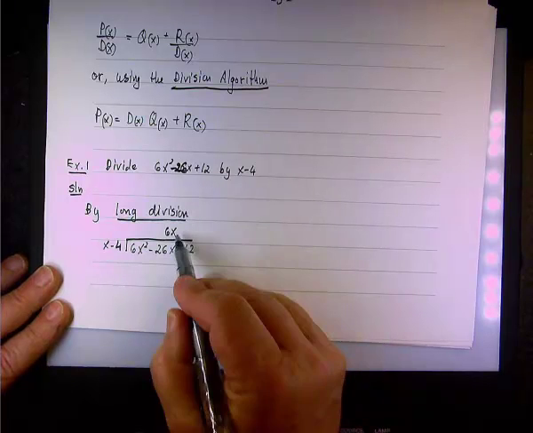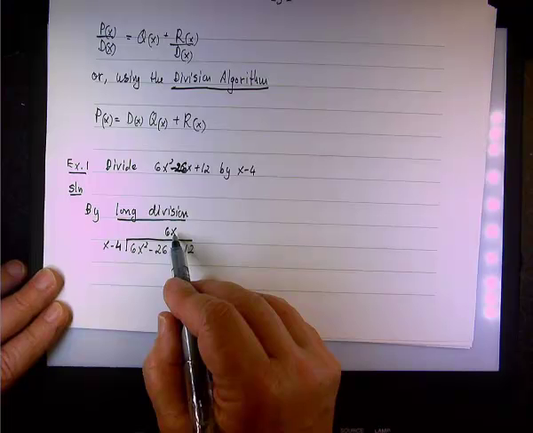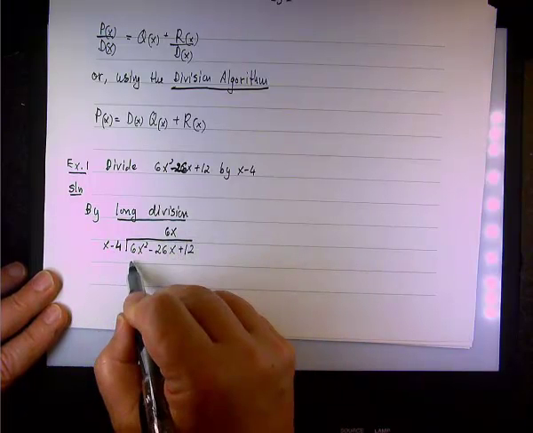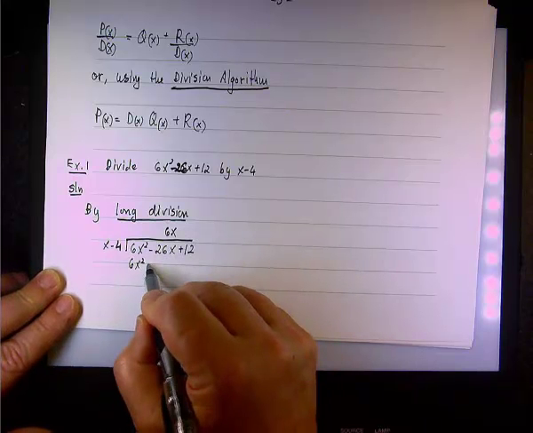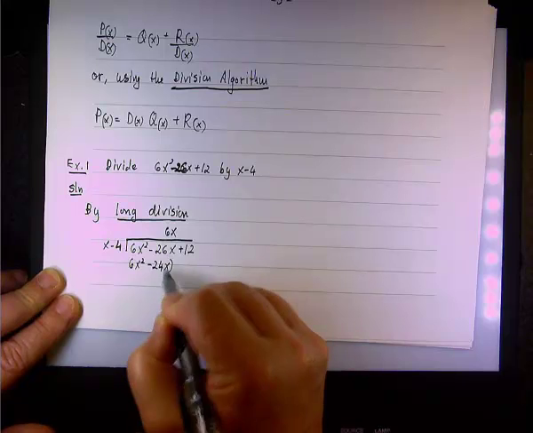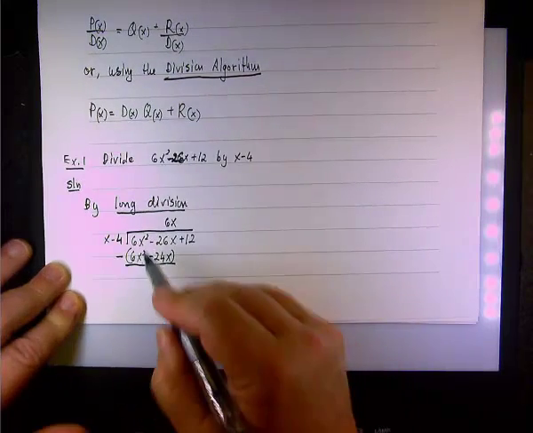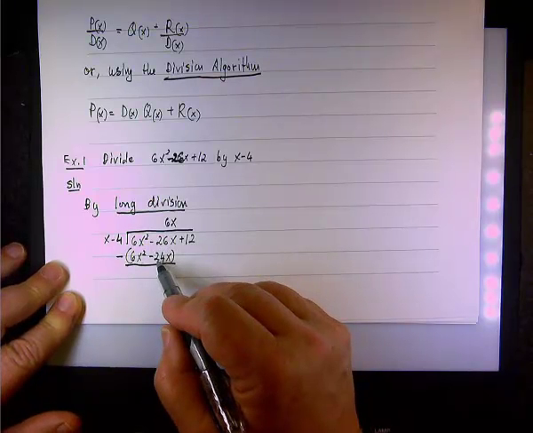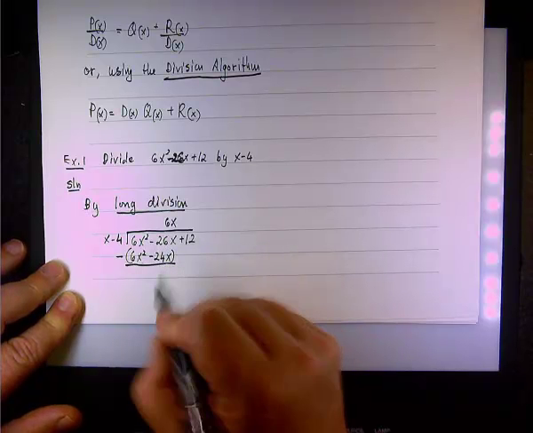So I position it above the like term. Now if I multiply the quotient by the divisor, I get 6x times x, or 6x squared, and then 6x times negative 4, which is negative 24x.